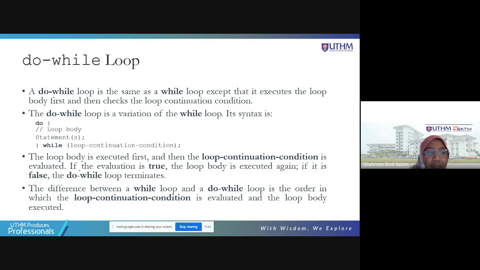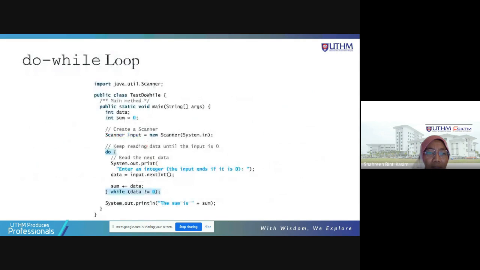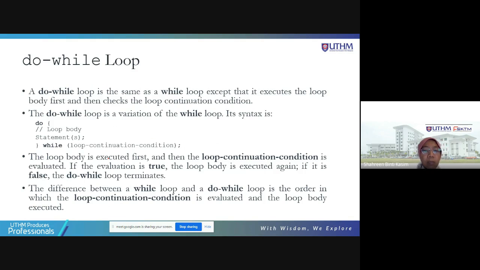So here, the loop body is executed first. Then the loop continuation condition is evaluated. If the evaluation is true, the loop body is executed again. If it is false, the do while loop terminates.